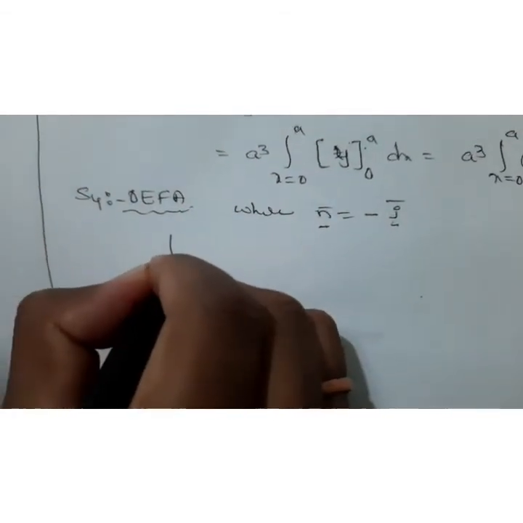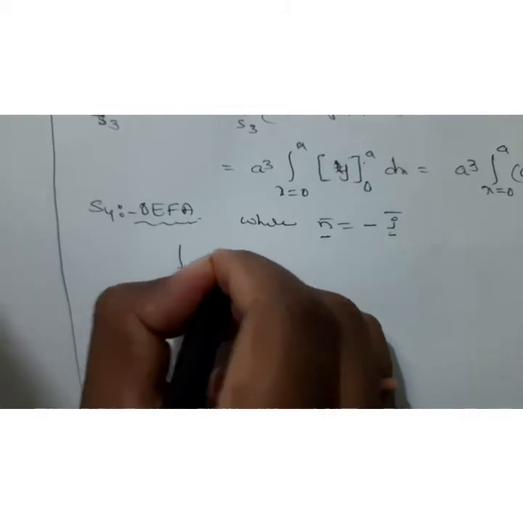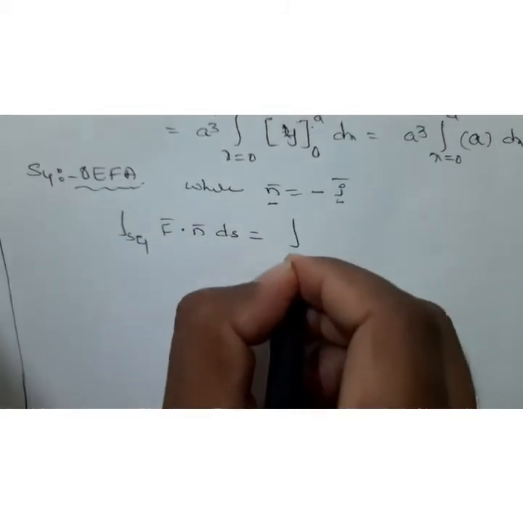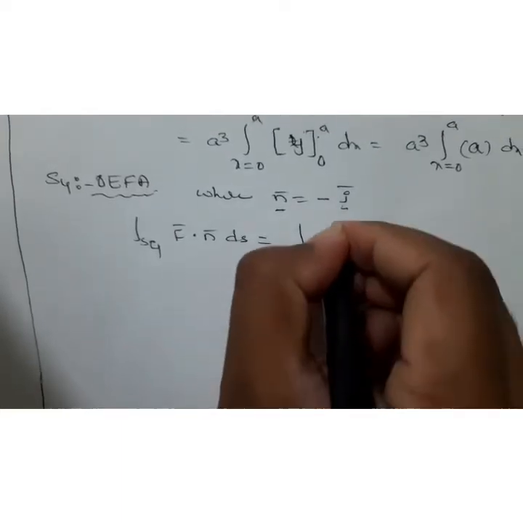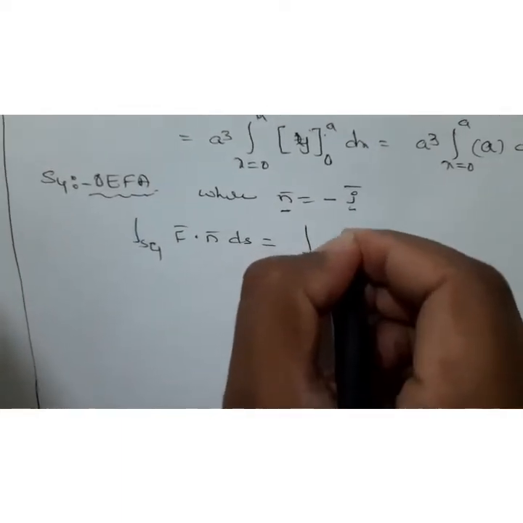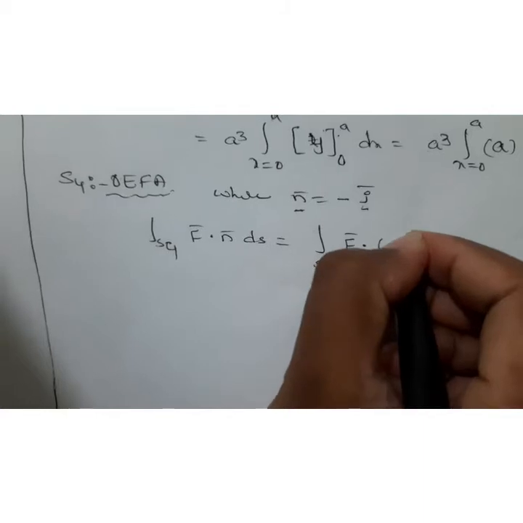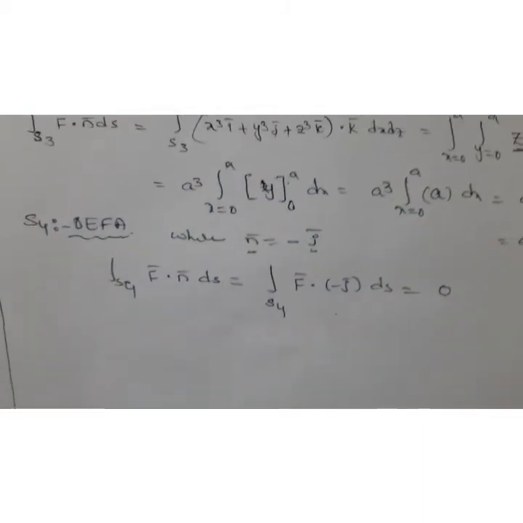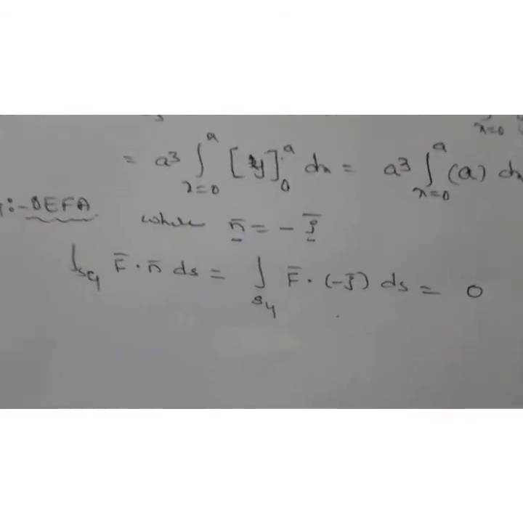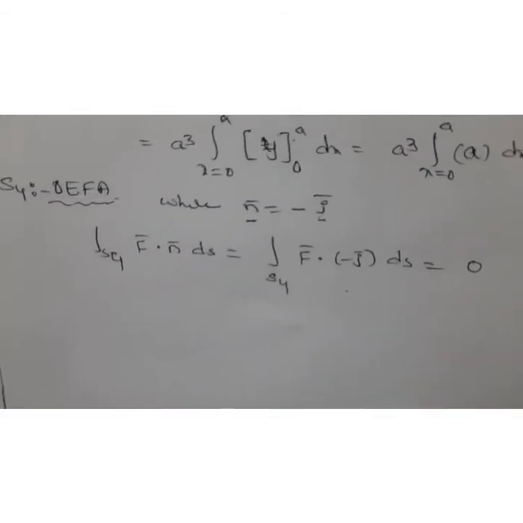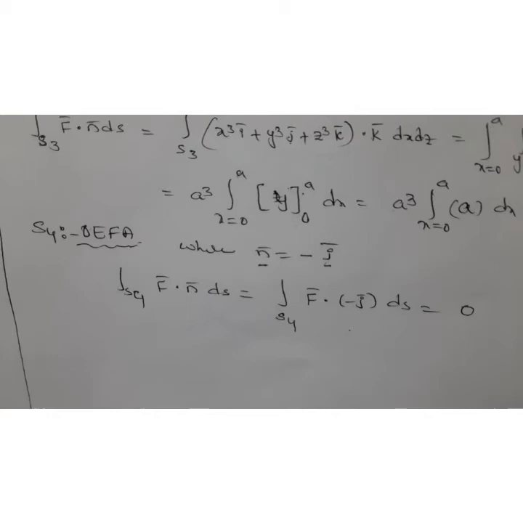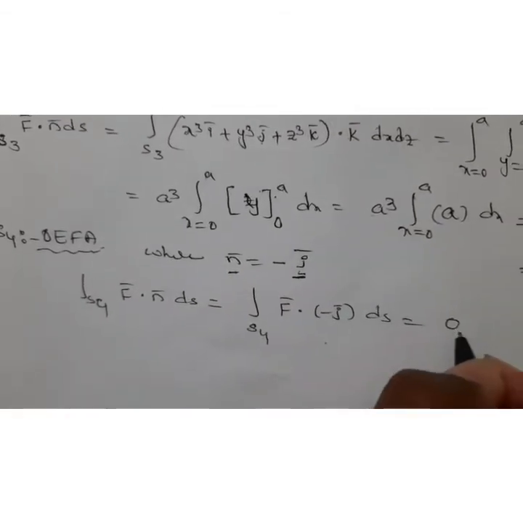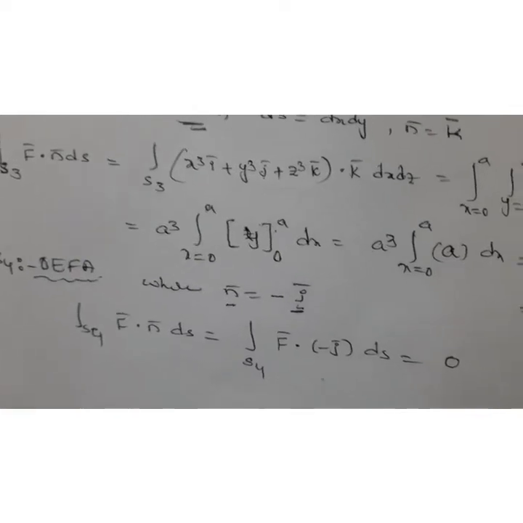Integral over S4 f bar dot n bar into ds is equal to integral over S4 f bar dot minus j bar, that is equal to 0. We need not find the value directly. If it is inward to the surface, we take minus j bar, that value is total 0. We need not simplify that.